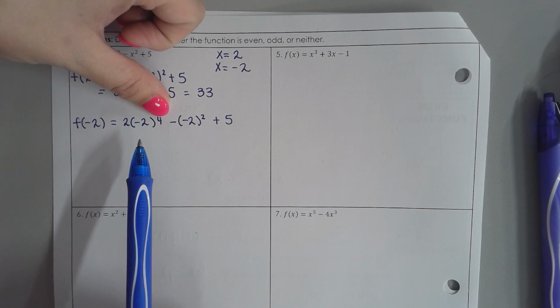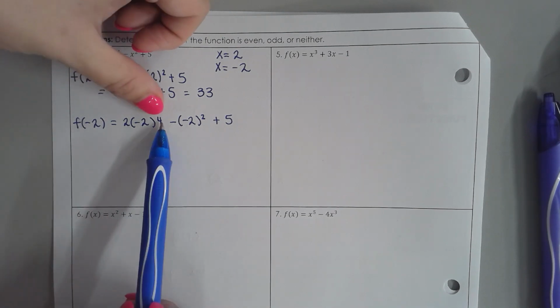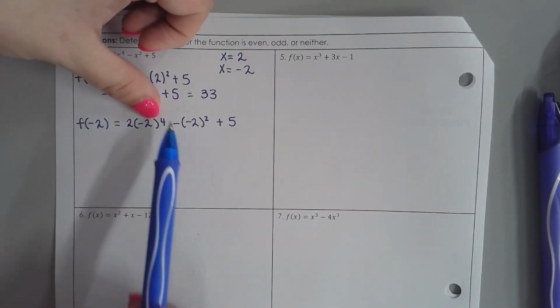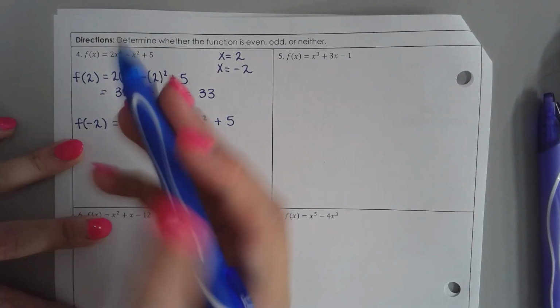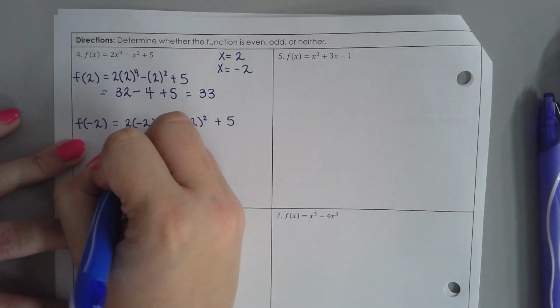It's positive. -2 to the 4th is still +16, times 2 is 32.